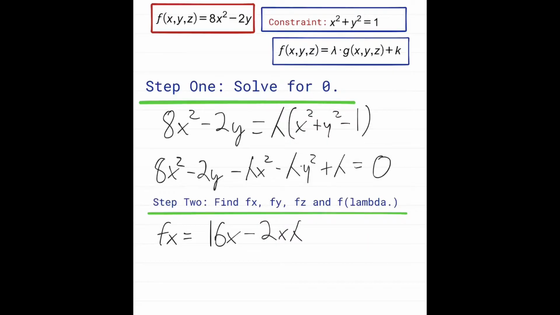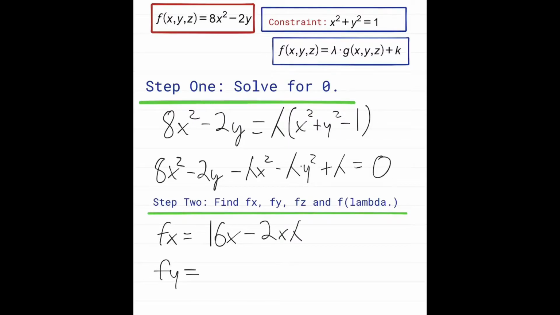Where's that coming from? Well, in the equation when we solve for 0, we're taking the partial derivative of that function, not the original function anymore, because now we combine the original function of xyz and the constraint g of xyz times lambda.